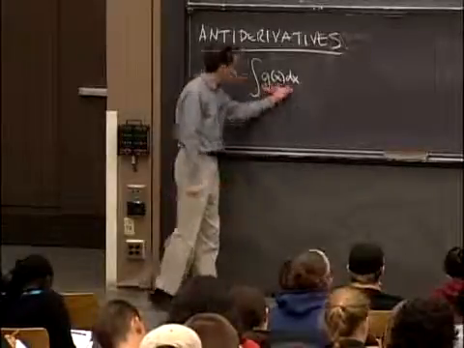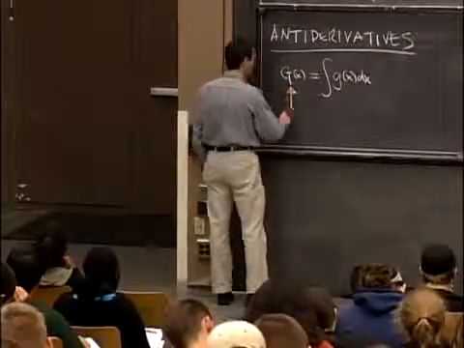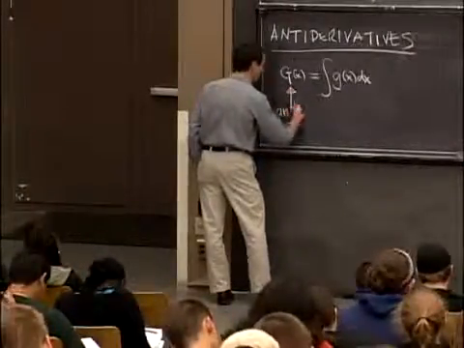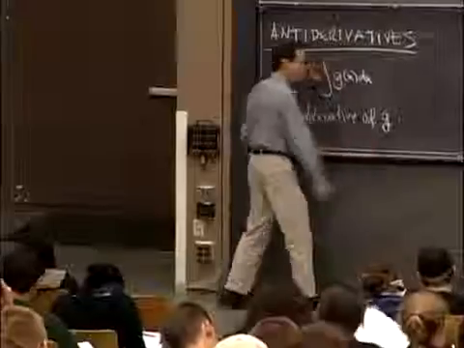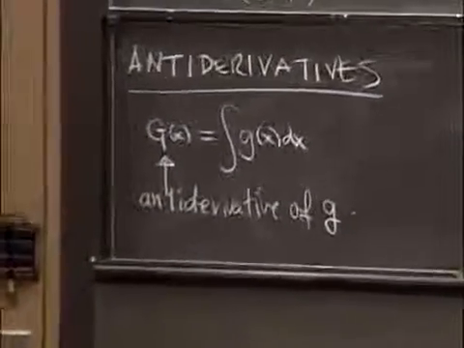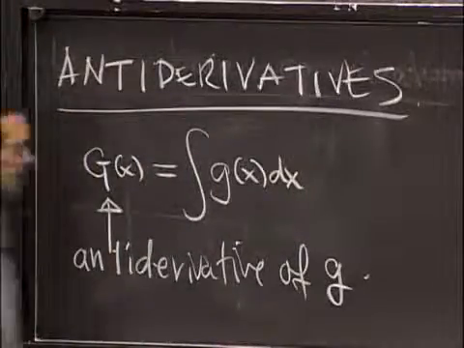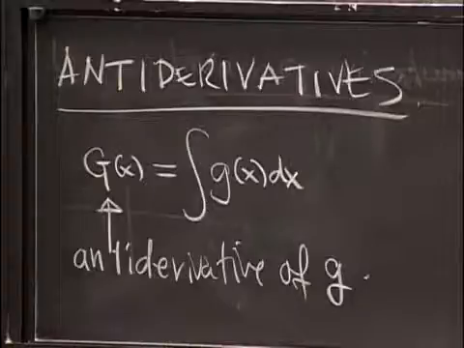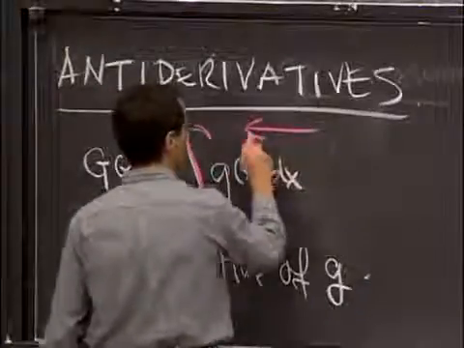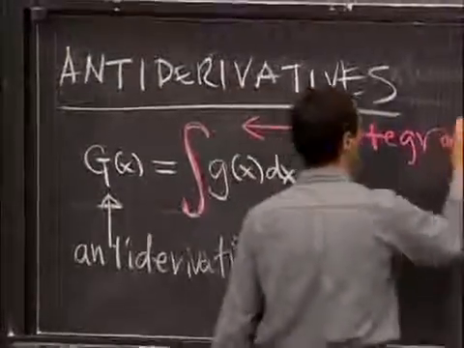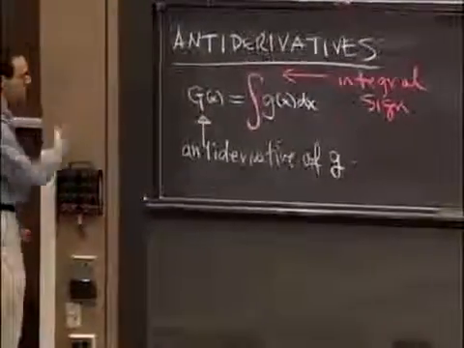So you start with a function g of x and you produce a function capital G of x, which is called the antiderivative of g. Notice there's a differential sitting in here. This symbol is called an integral sign, or an integral, or this whole thing is called an integral.